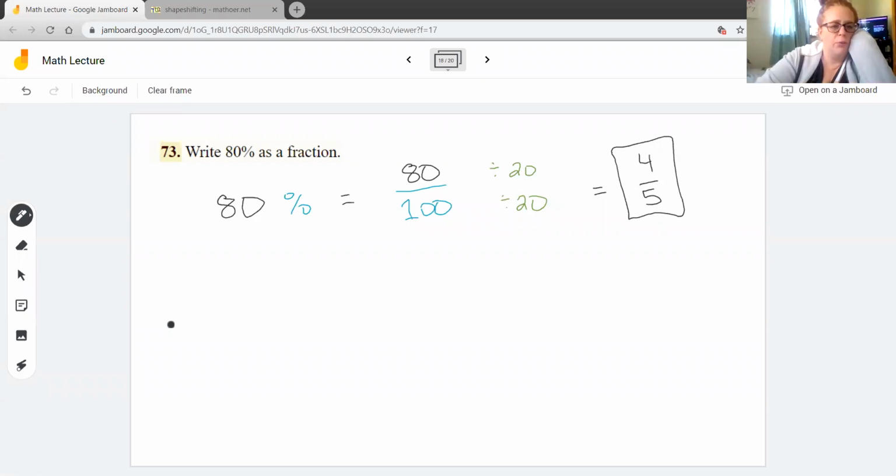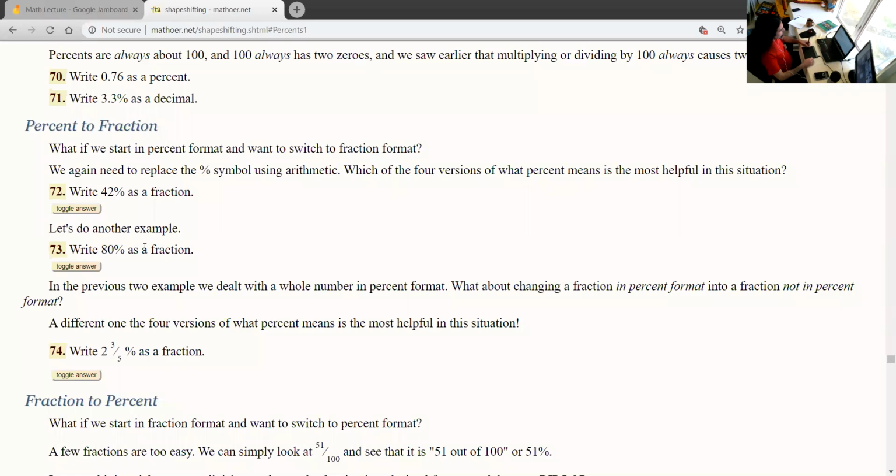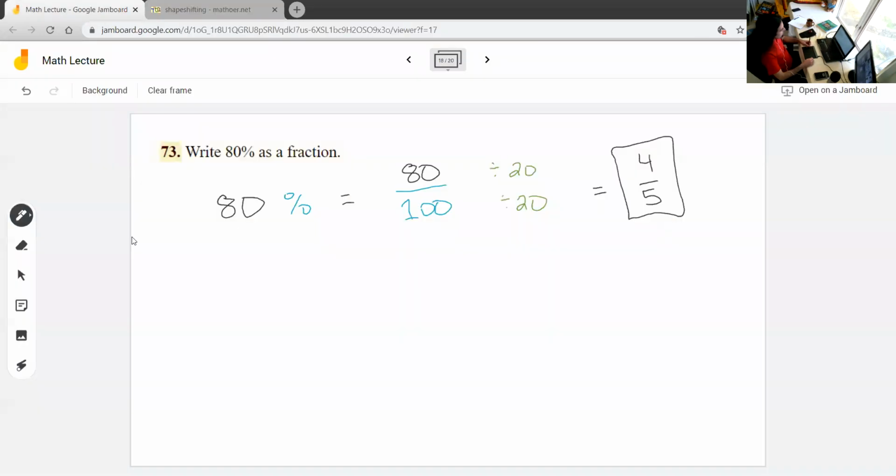Can you do a hard one of those? A harder one? Sure. I'm actually going to go back to what we just did and, oh, I don't have a bunch for you to do. Let's do a different one. You're right. How about, what's the hardest we could get? What if it had a decimal point in the percent format?